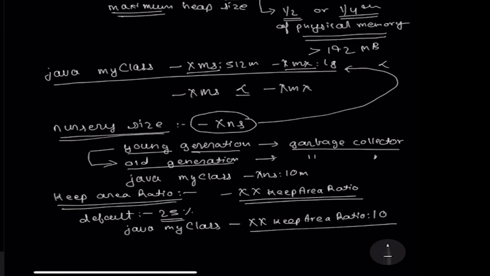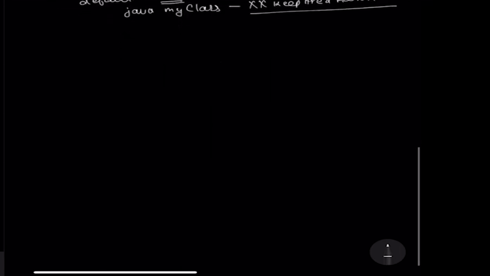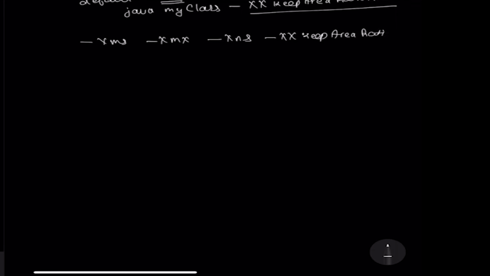So these are some of the important parameters that we learned that can help us regulate our heap size in our Java process. As a revision, these parameters were -Xms, -Xmx, -Xns and -XX:KeepAreaRatio.